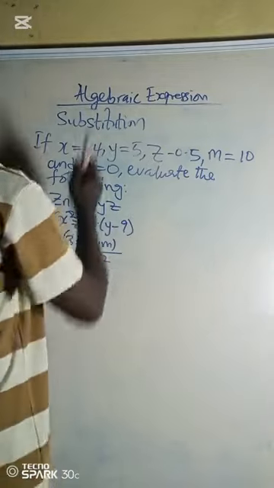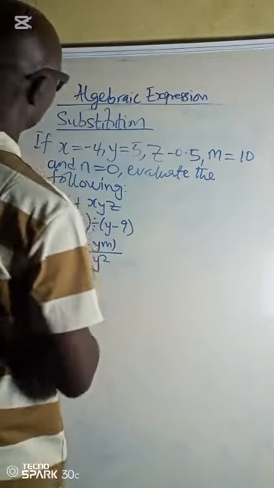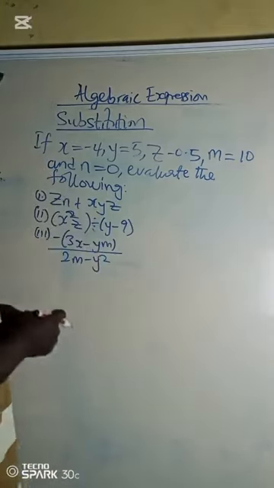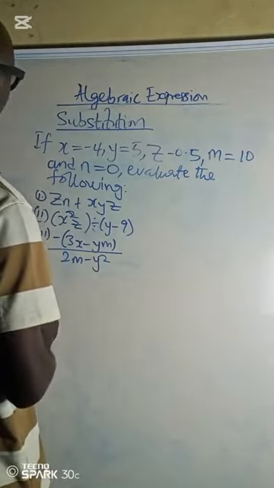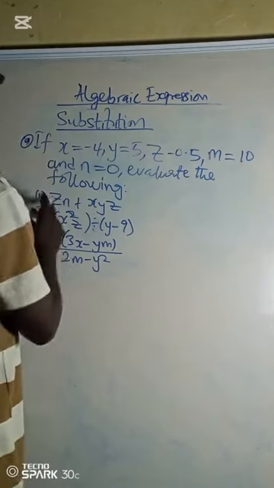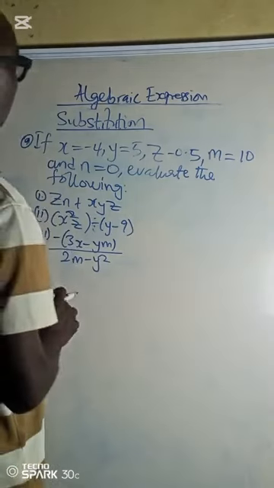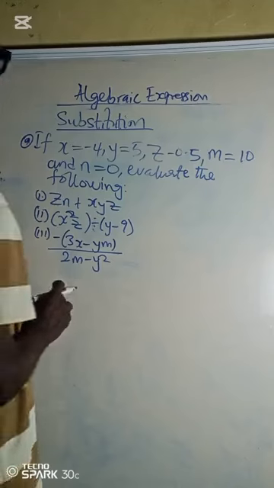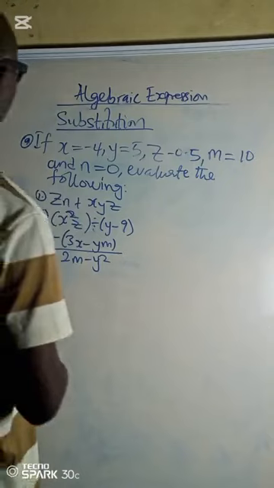Today under algebraic expression, we are considering substitution, where you exchange values for variables. We have one question, but it has some questions underneath, all of which we use to explain what substitution is.